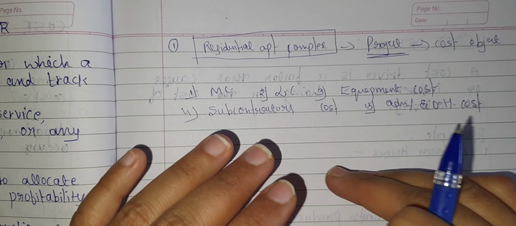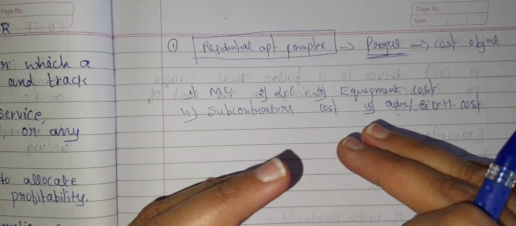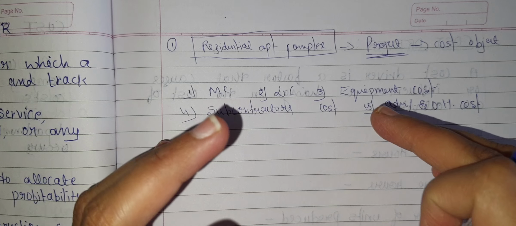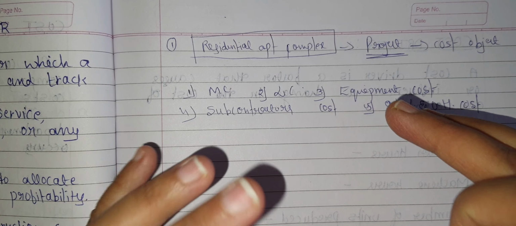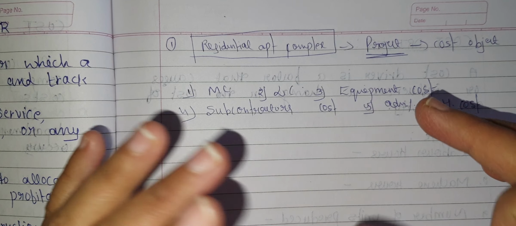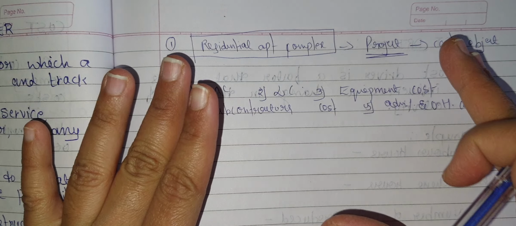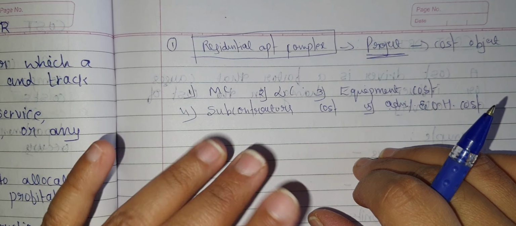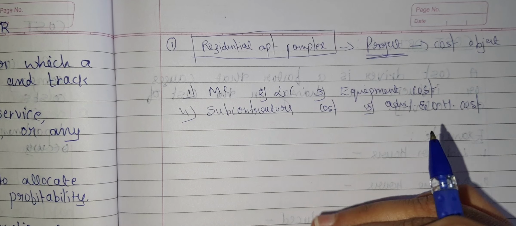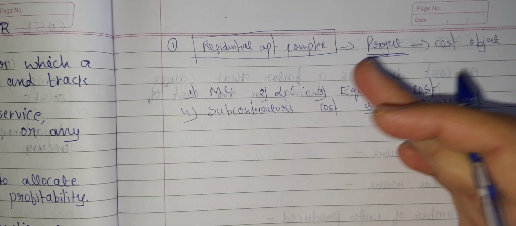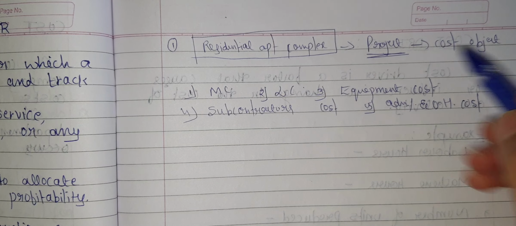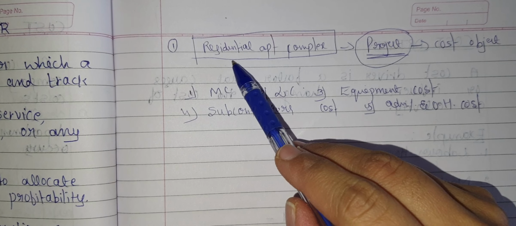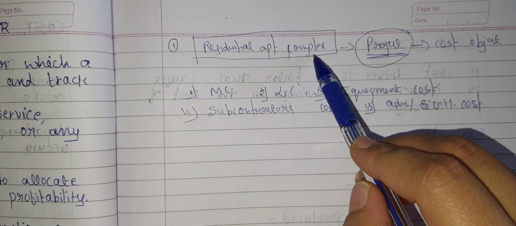By identifying the apartment complex as a project, we treat it as a cost object. The company can calculate the total expenses, compare them with the budget, and determine the profitability. So our main cost object is the project, the residential apartment complex.